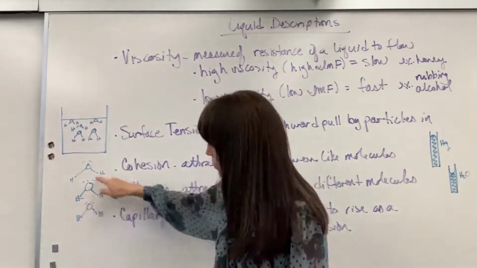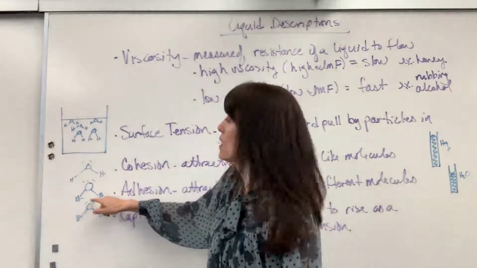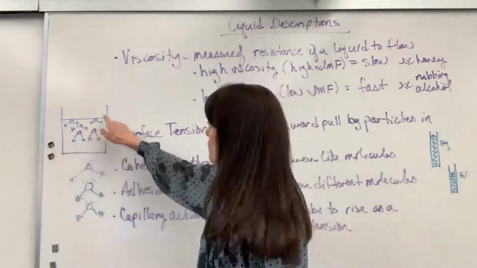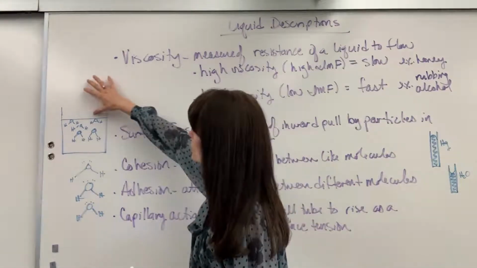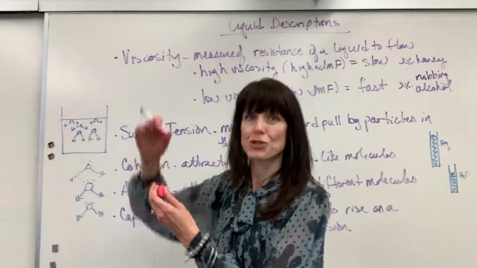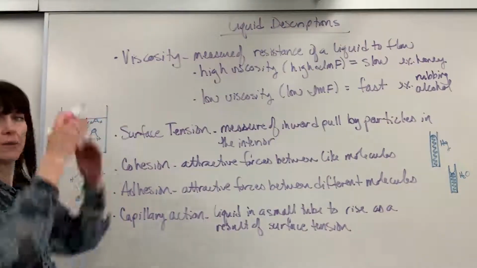Whereas, see this molecule in the middle is being attracted upward and attracted downward. That's true for every water molecule in the interior, but at the very top, there's only this net downward pull. There's no water molecule above that to attract it up. So you get a net pull down.